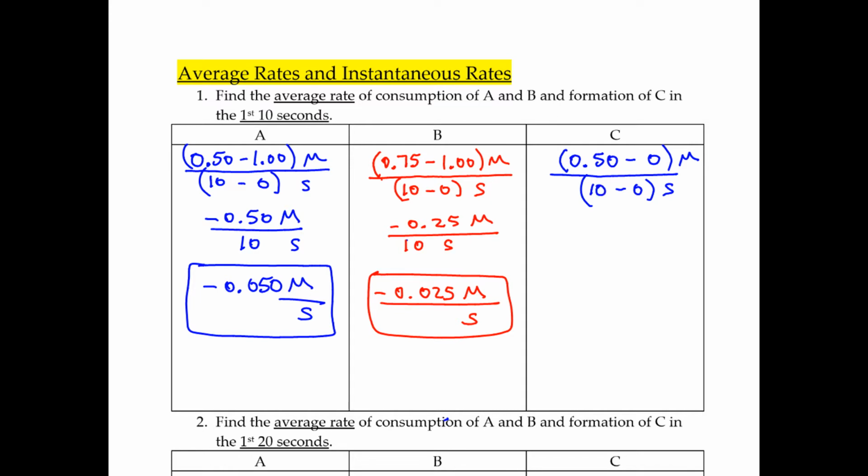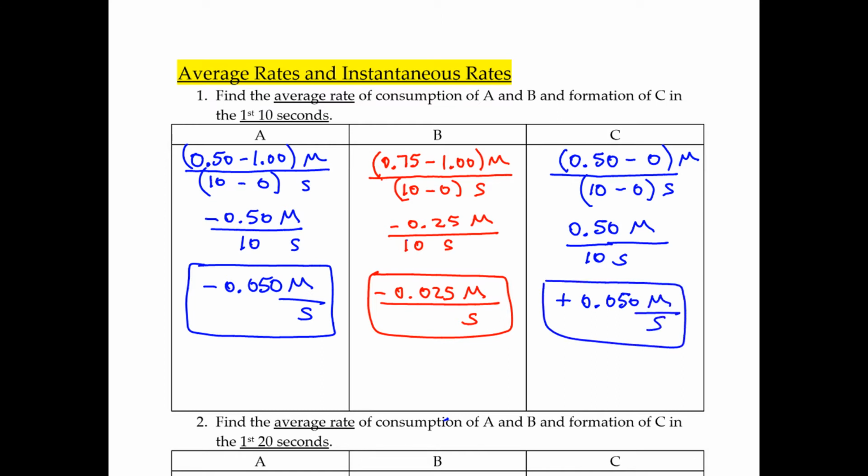It's going to be positive, though, 0.50 molar over 10 seconds. And that's going to equal positive, I'll emphasize that, the positive sign. And that's going to be the rate of formation of C.